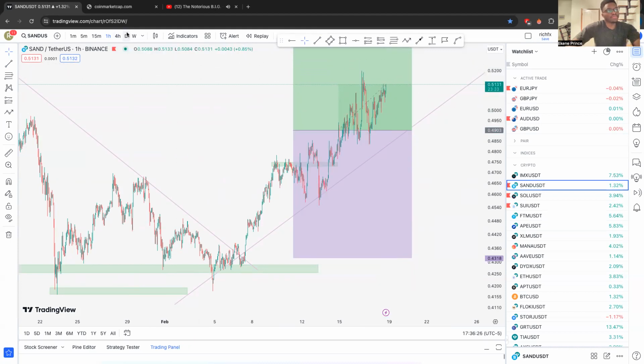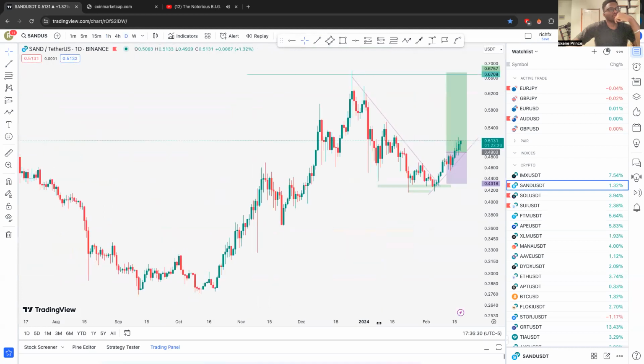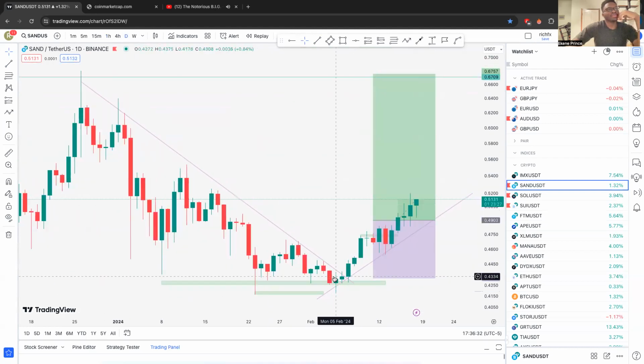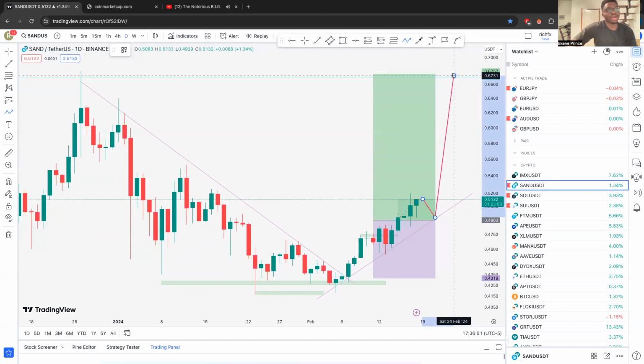Let's go to the daily time frame and make it a little bit bigger for you. You see, for the past couple of days, it has been green, and the daily time frame is about to close in an hour 23 minutes. If you can wait for it to pull back a little bit into this zone, you can buy, and let's ride it up and make a good amount of money.